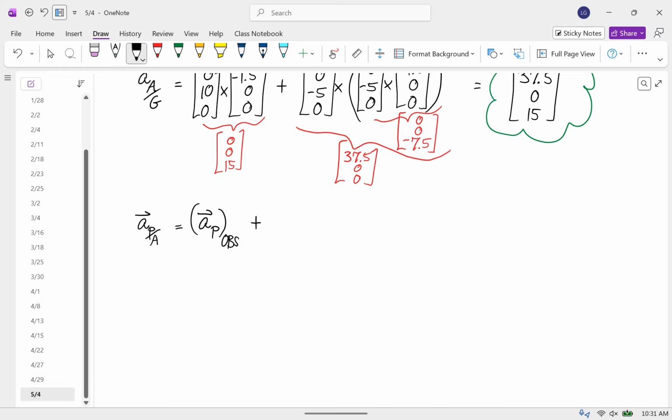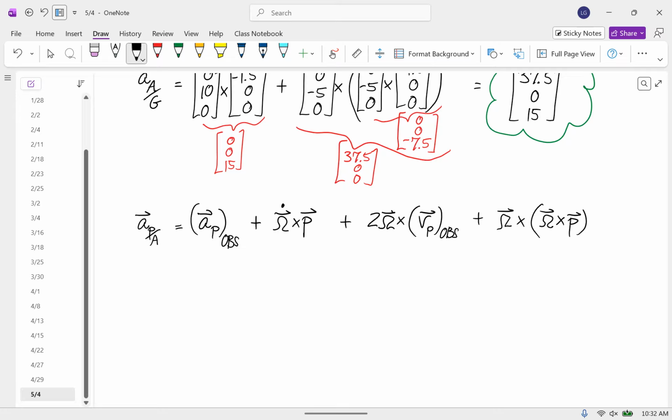Plus capital omega dot crossed with P, plus 2 times capital omega crossed with the observed velocity vector of P, plus capital omega cross quantity capital omega cross P. Okay, these P's are going to be different now because the origin is different.